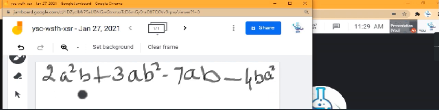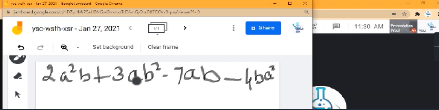We have 2a square b and minus 4ba square as like terms, because 2a square b contains a squared and b, and in 4ba square we have a squared and b. That means both of these terms possess the same variables, so we call them like terms.